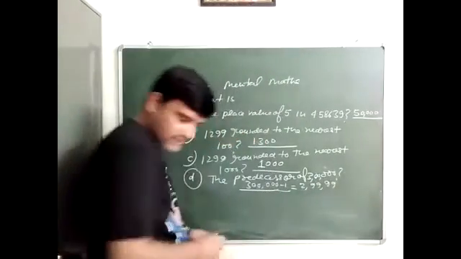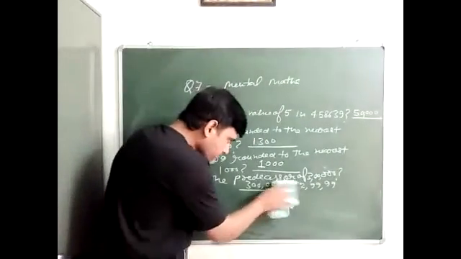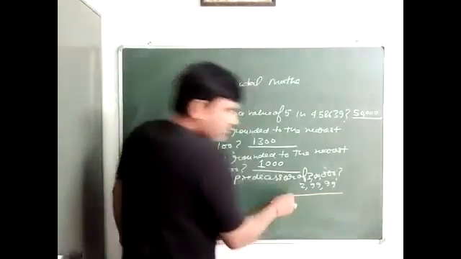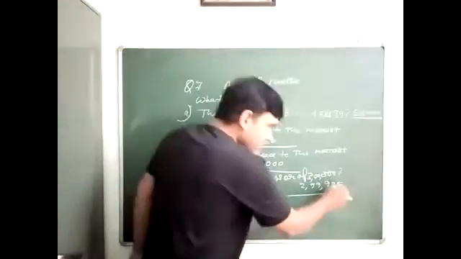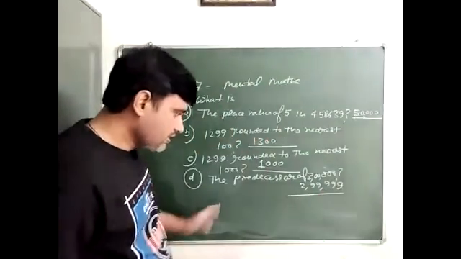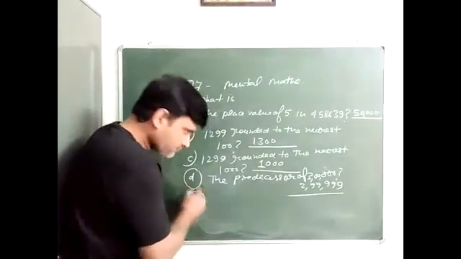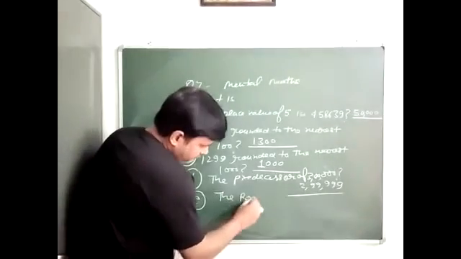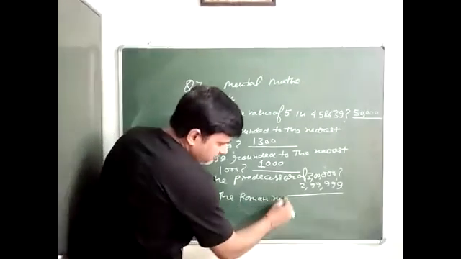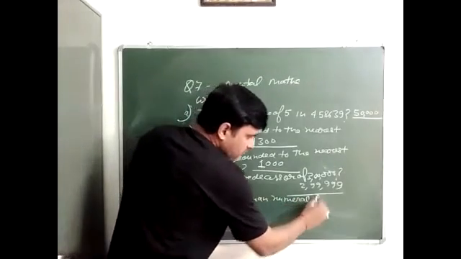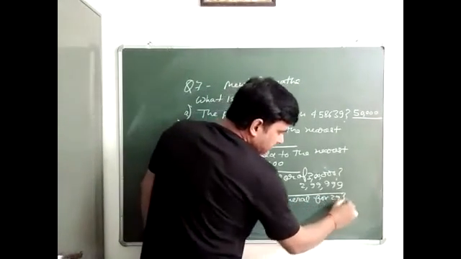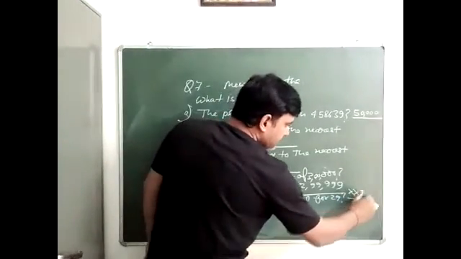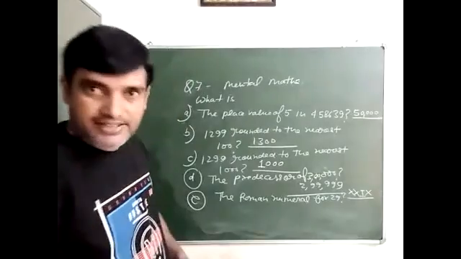The predecessor of 3 lakhs is equal to 2,99,999. Okay. Now E, the Roman numeral for 29 is equal to XXIX. Understand? XXIX. Okay.